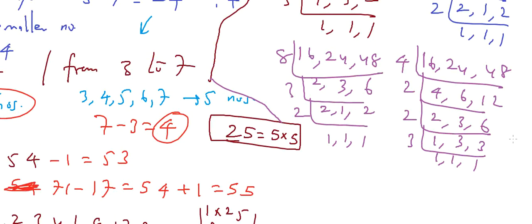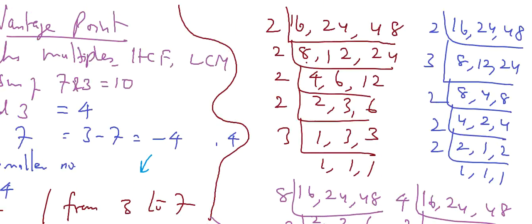So now, how to find HCF? You take all the numbers by which all three numbers got divided. For example, in this case you divided all of them by 2. Here by 2 all got divided, yes.